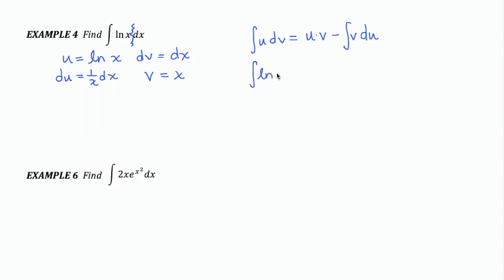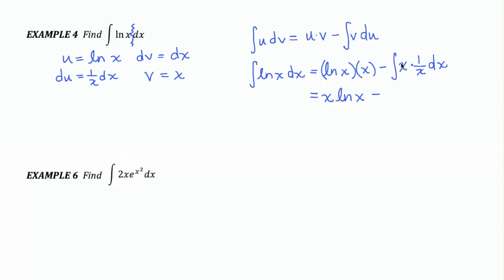Substituting on the left, I get natural log of x dx. Substituting on the right, u times v is natural log of x times x minus the integral of x times du, which is 1 over x dx. I'm going to bring the algebraic part in front of the log minus.